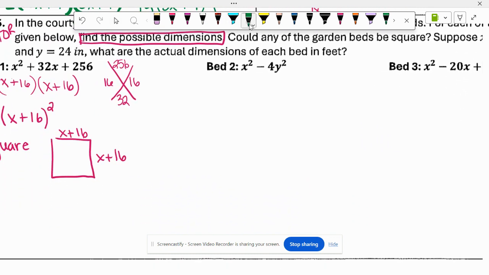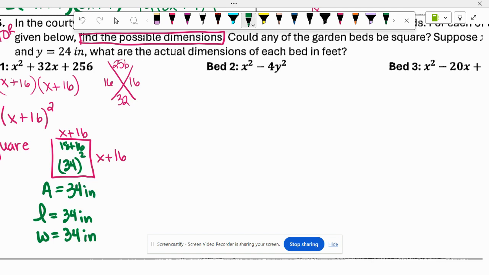Well, if x was 18, 18 plus 16 is 34. So my area is 34 squared, and my actual dimensions, my length is 34, and my width 34. And these are inches.